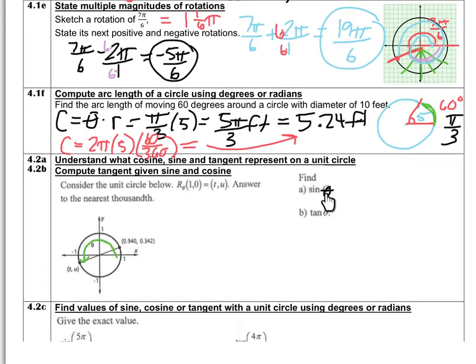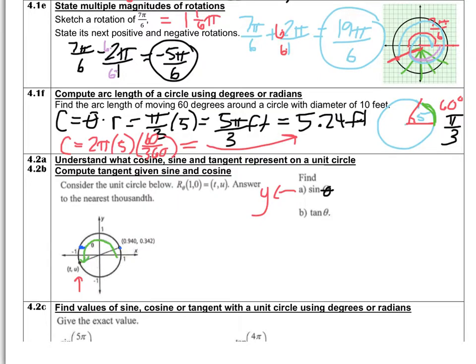And they want us to answer these 2 questions here to the nearest thousandth. Now this is the sine of theta, by the way. So they want to know if you move theta, or this angle movement, what is the sine? Well, we know that the sine means what is the y value. Well, the y value here is the letter u, but there is a numerical answer to that. This ordered pair right here, be careful. If you take it, what's going to happen is this point here would actually flip over here, and instead of being a right and an up movement, it'd be a left and an up movement.